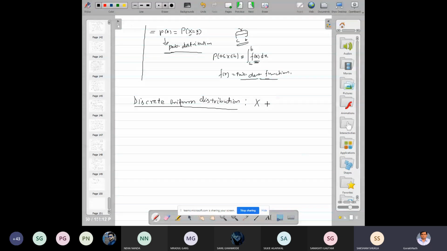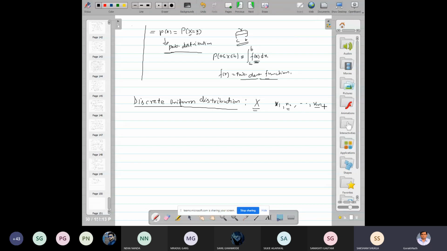Suppose the values of the random variable are x1, x2, ..., xn. Then the probability that the random variable X takes the value x1 is the same as the probability that it takes any other value x2, ..., xn.